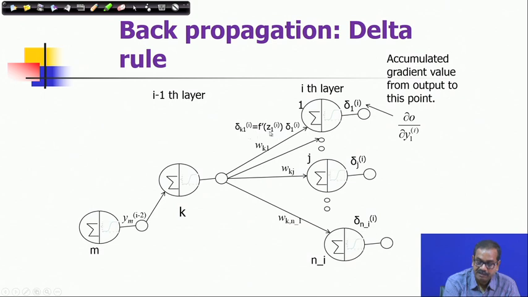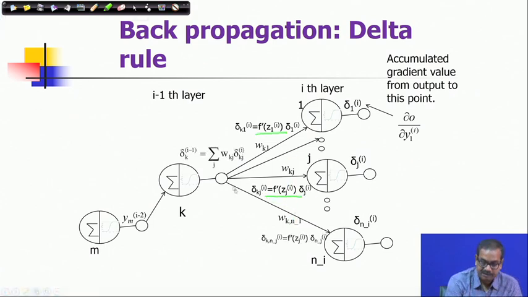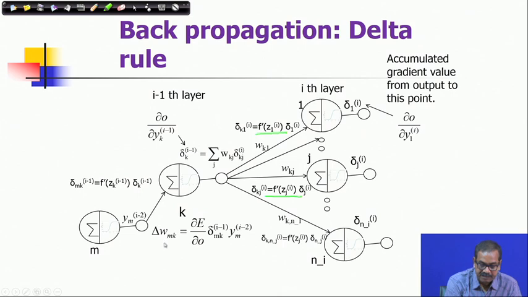Delta k 1 I is multiplied with f dash z, similarly delta k j I. You take the weighted sum of all these, and that gives you the accumulated gradient value from the output to this point. Next it will propagate again in this fashion.